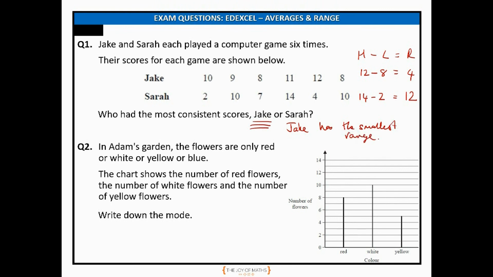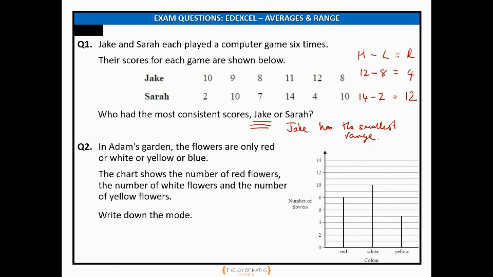Question 2. In Adam's garden, the flowers are only red or white or yellow or blue. The chart shows the number of red flowers, the number of white flowers and the number of yellow flowers. Write down the mode. Right, some people might jump and say that 10 is the mode, but 10 is not the mode, because that's just the amount of white flowers.